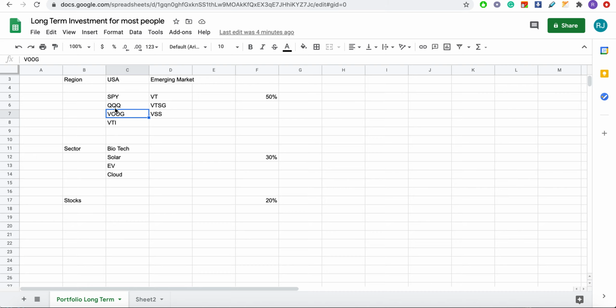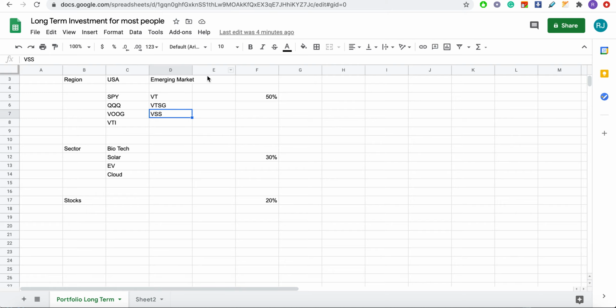Within this 50%, you need to diversify. Maybe 30, 40% in USA, and you want some emerging market exposure. What is emerging market? We are talking about Brazil, and India, China.